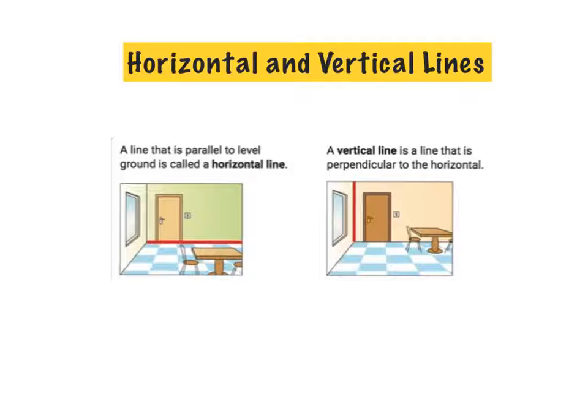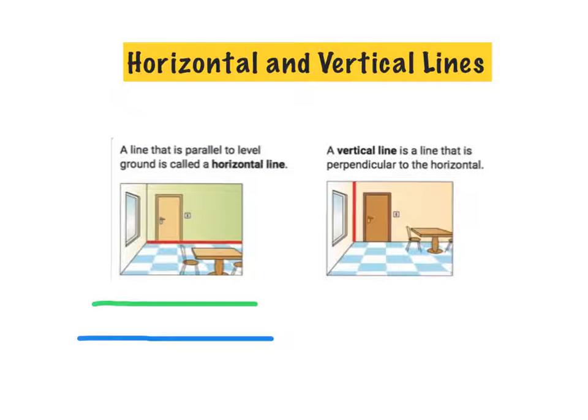Now, we're also just going to have a little chat about horizontal and vertical lines. As it says here, a line that is parallel to level ground is called a horizontal line. So a line like this red line here, it's parallel to the level ground, so that is a horizontal line. So something like this is horizontal, when it goes that direction there.